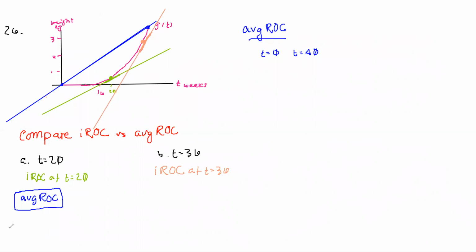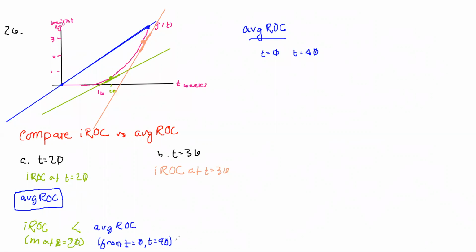So here I'm going to say the instantaneous rate of change, or the slope of the tangent line at t is equal to 20, is less than the average rate of change over 40 weeks from t is equal to 0 to t is equal to 40.